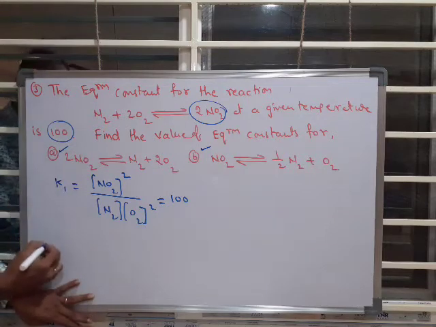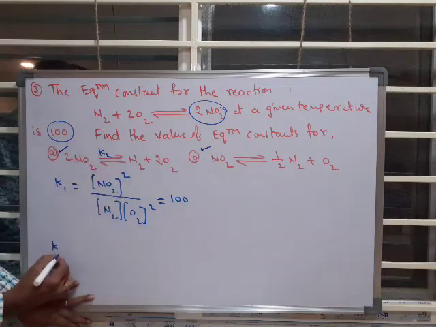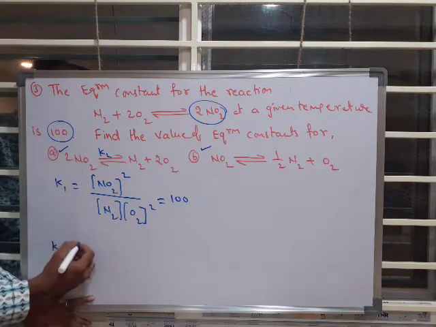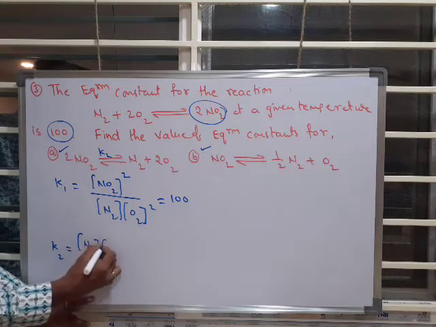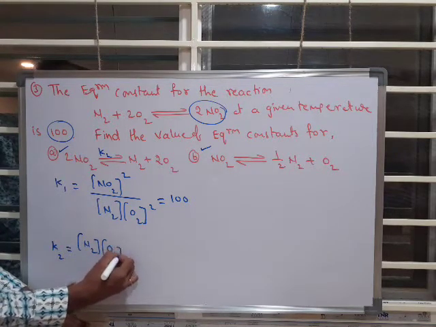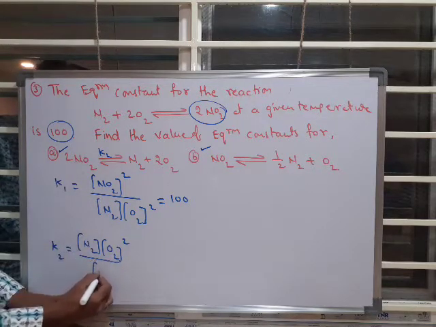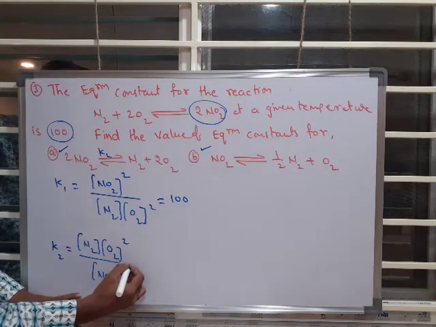So if we find out the Kc, we are taking it as K2. Okay, we can write K2 as, just remembering the different values, K equals O2 square by NO2 whole square. So I think already you guessed the relation.